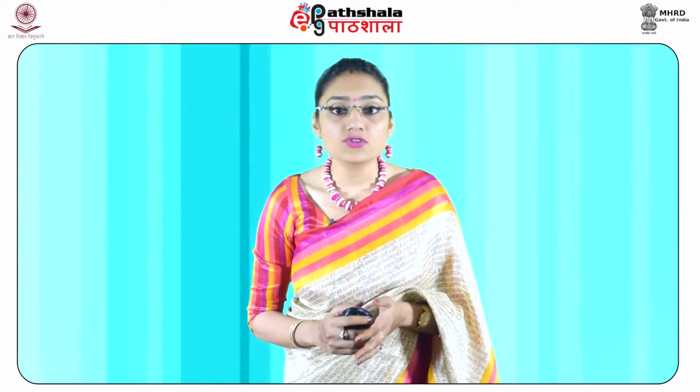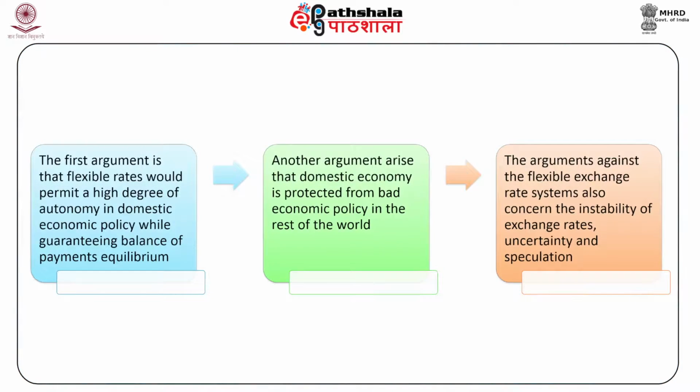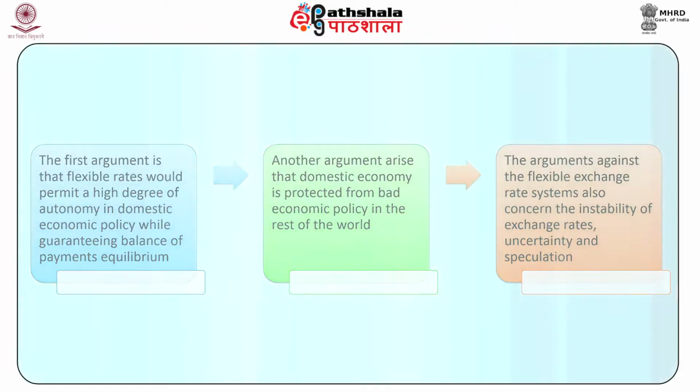In the 1980s, when France pursued this policy, France was obliged to devalue the franc and rein in its monetary policy. Instead of exporting its inflation and bad monetary policy to Germany, Germany exported its good monetary policy and price stability to France. Third, the argument against the flexible exchange rate system concerned the instability of exchange rates, uncertainty and speculation.